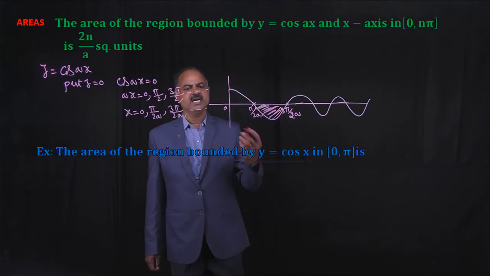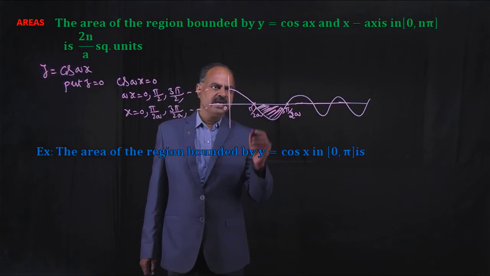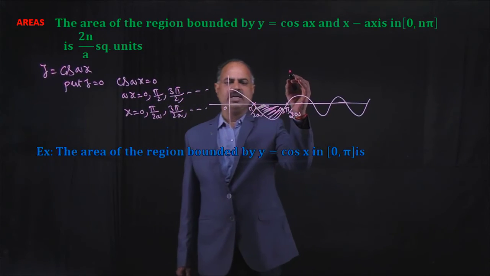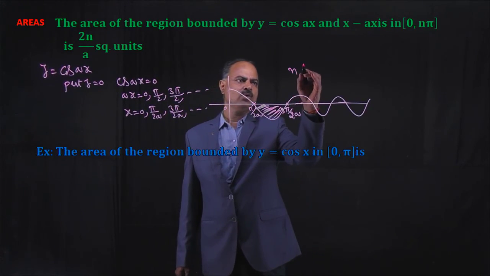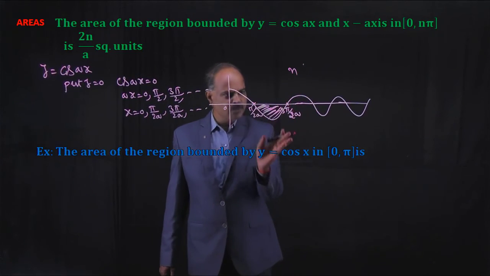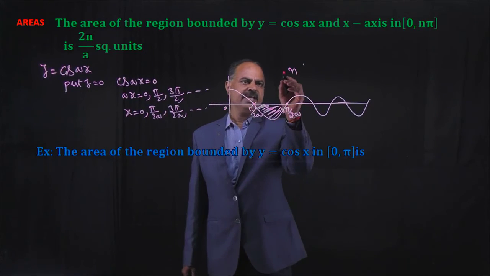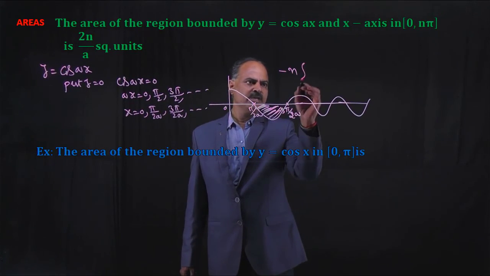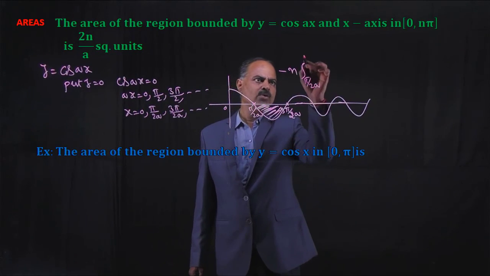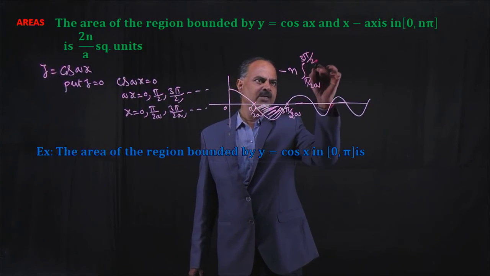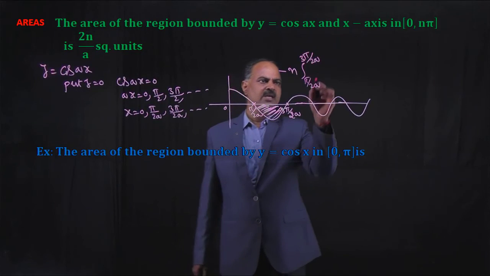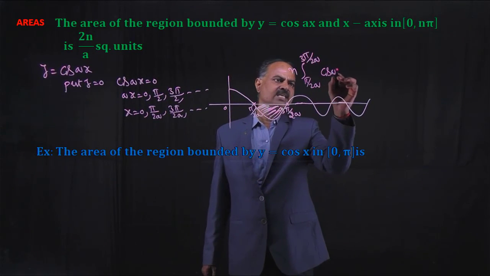We get the required area. So the required area is equal to n into, since this area is below the x-axis, take minus, n into the integral from pi by 2a to 3 pi by 2a of cos ax dx.